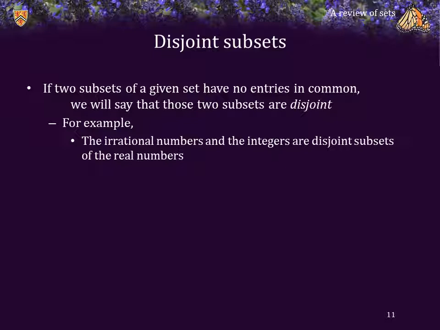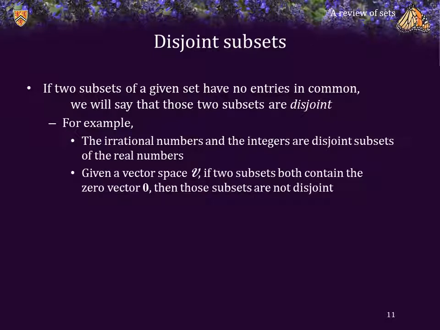However, there's no irrational number that is an integer and there's no integer that is irrational by definition. Therefore, these two form disjoint subsets of the real numbers. Given a vector space script V, if two subsets both contain the 0 vector, then those two subsets are not going to be disjoint.